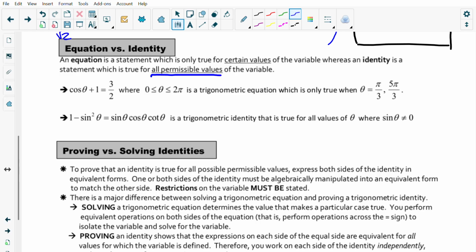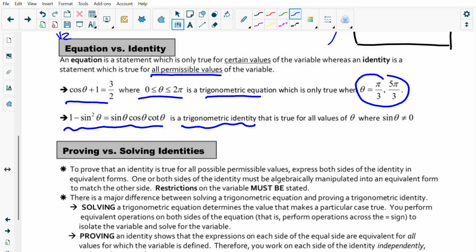Cosine of theta plus 1 equals 3/2, where this is the domain, is a trigonometric equation which is only true for, if you solve this, theta equals pi over 3 and 5 pi over 3. 1 minus sine squared of theta equals sine theta, cosine theta, cotangent theta is a trigonometric identity that is true for all values of theta, where sine of theta does not equal 0. So you can prove this. Okay, so it's all values versus certain values.